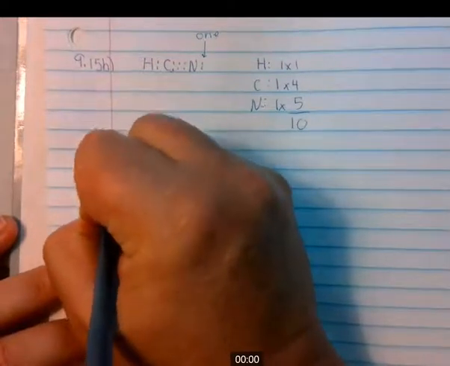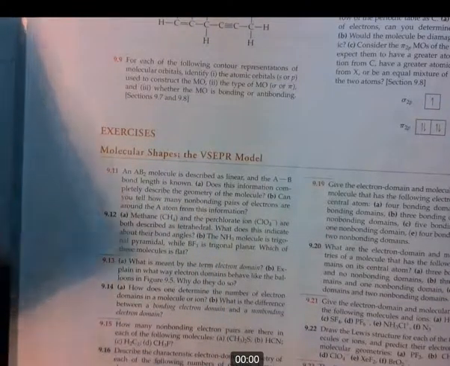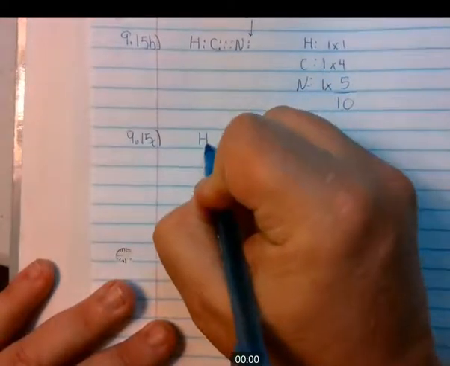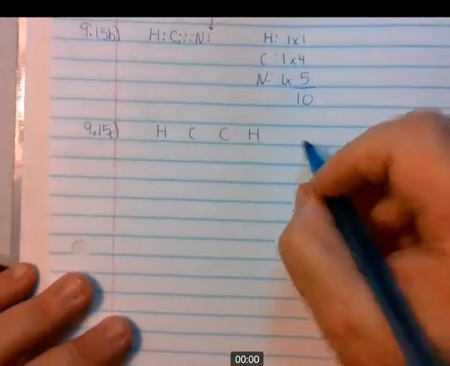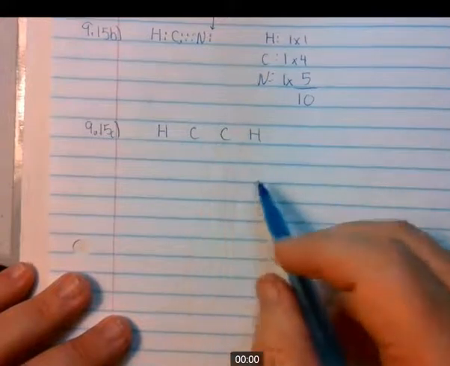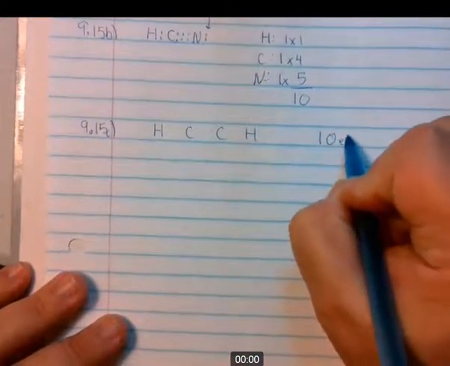915C. And what's that going to be? H2C2. Again, we're going to draw that symmetrically. And we'll just count quickly. You got 2 carbons times 4, and then hydrogen, so you got 10 electrons total.